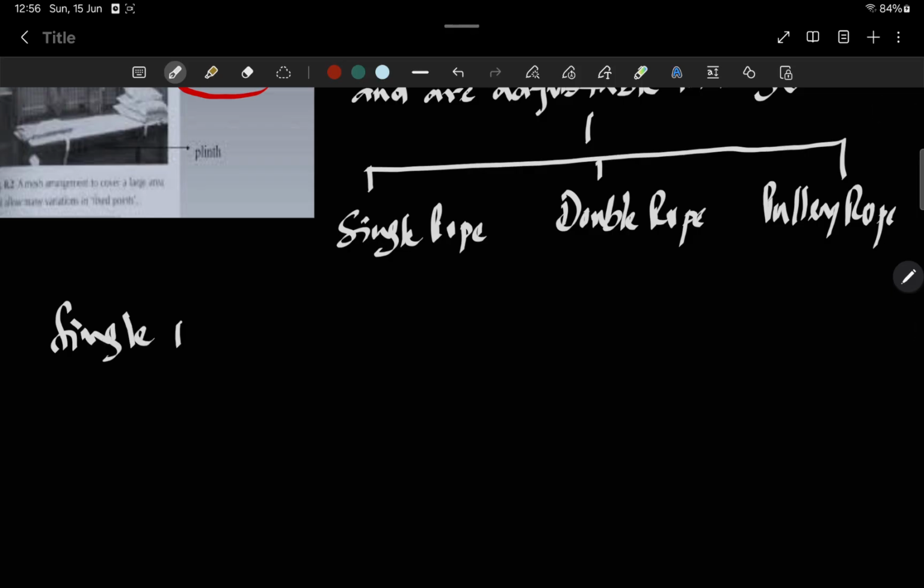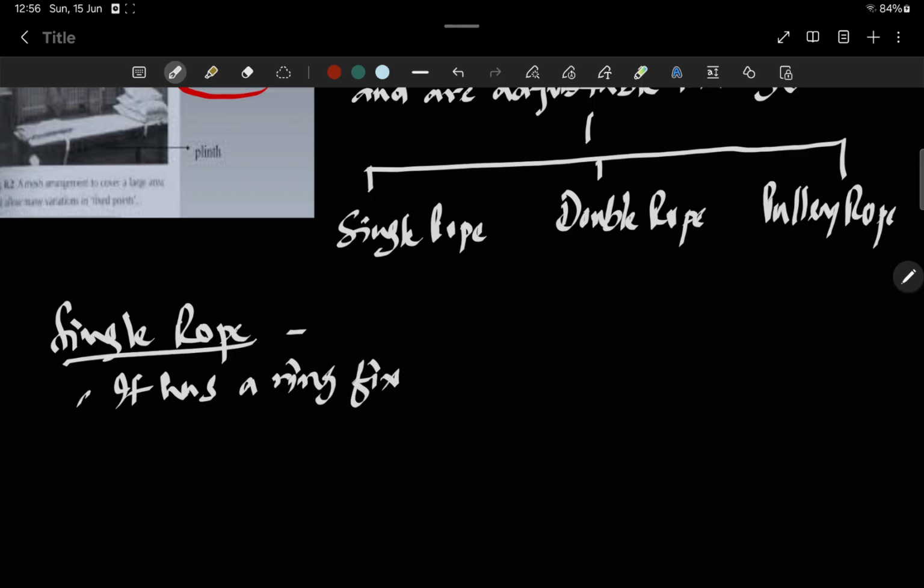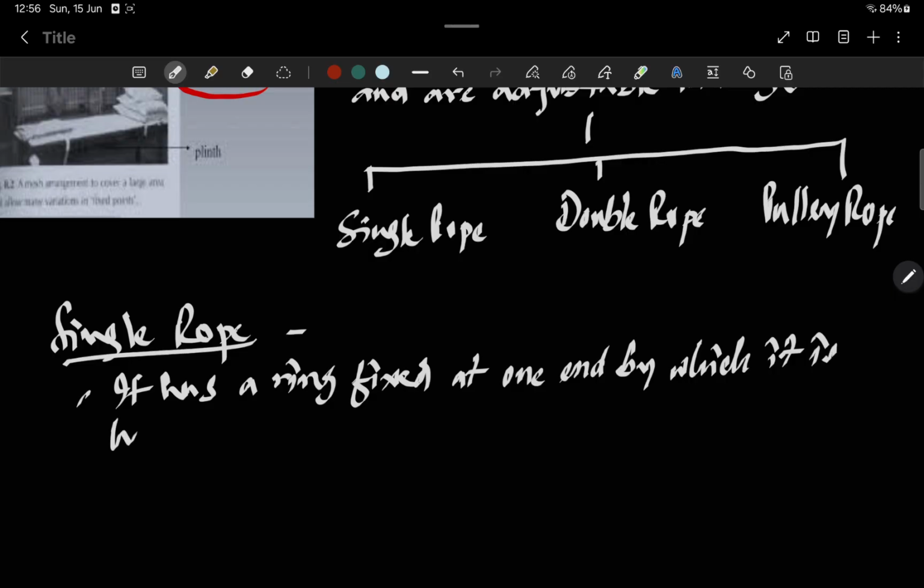Now we'll study about the single rope. It has a ring fixed at one end by which it is hung.